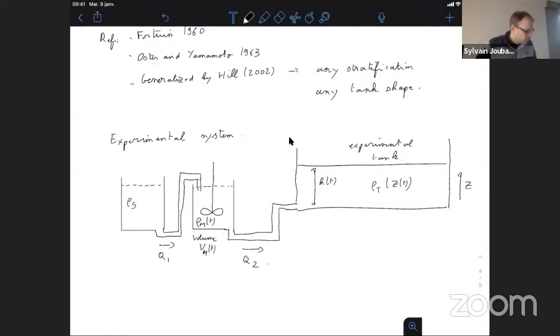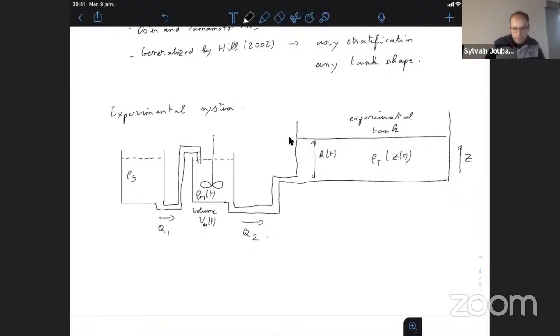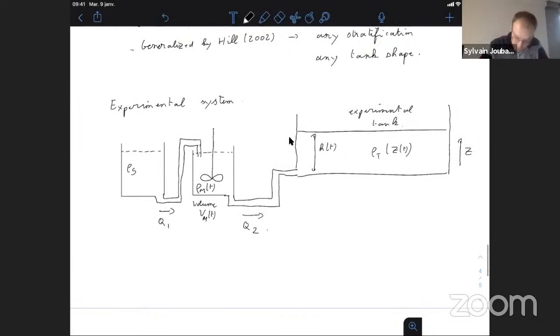And so I will present the case where you have Q1 and Q2. You can also do experiments where you just have one pump at Q2, and you can use communicating vessels, but it will give a similar stratification.